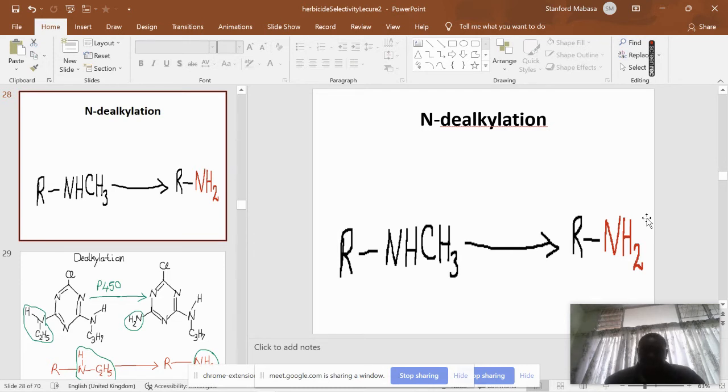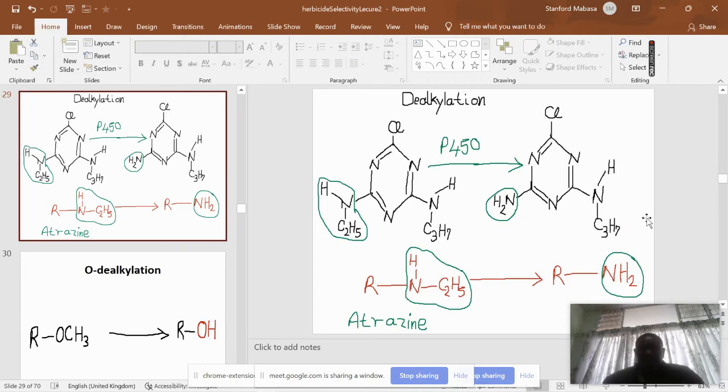And this can happen to atrazine, where we have this complicated structure of atrazine, and this part can be converted to NH2.